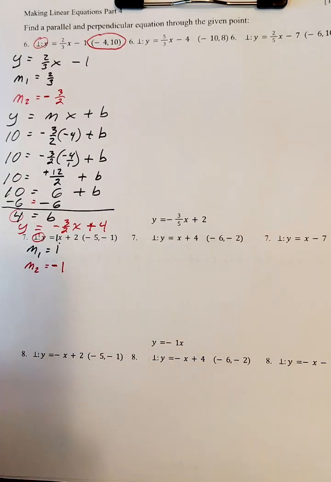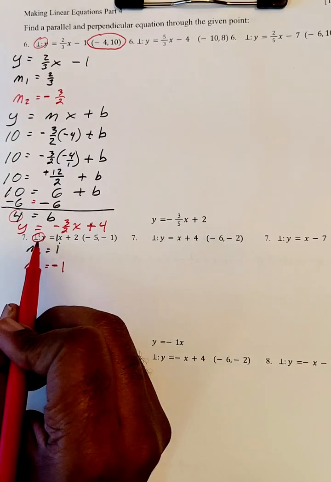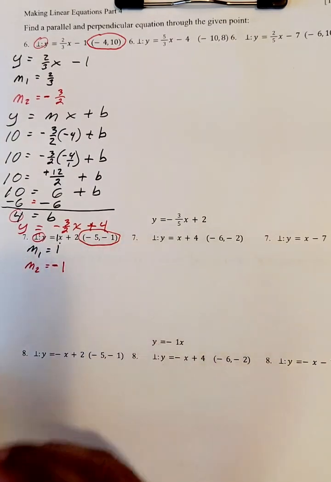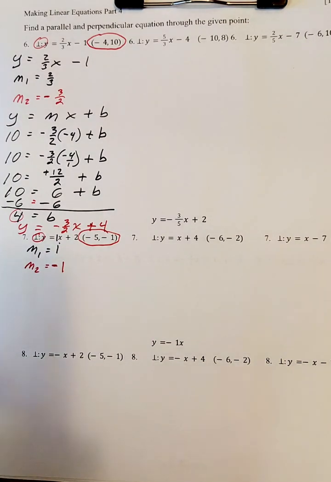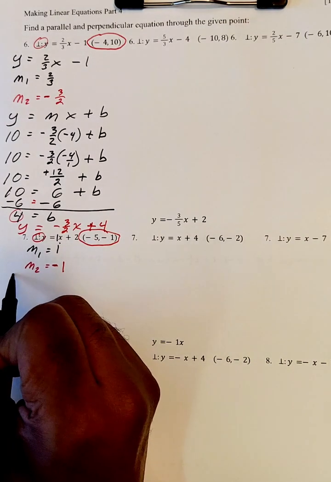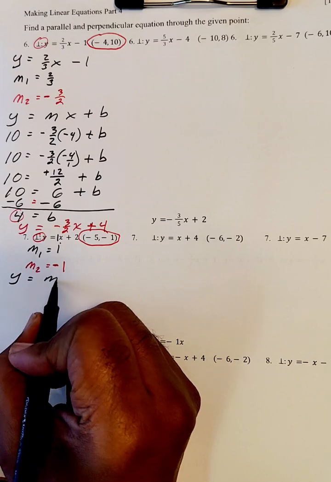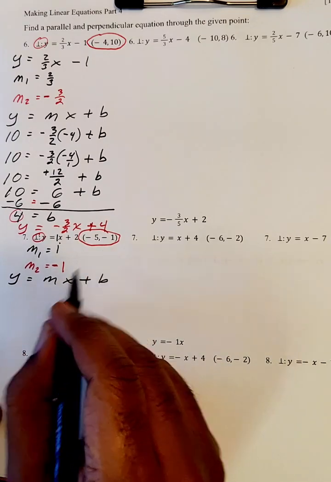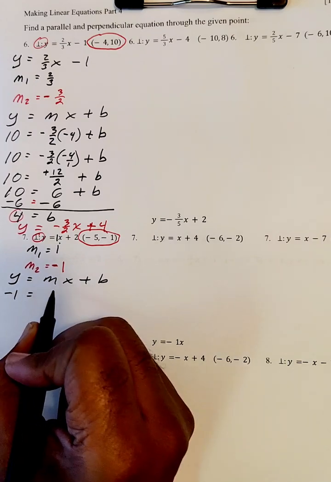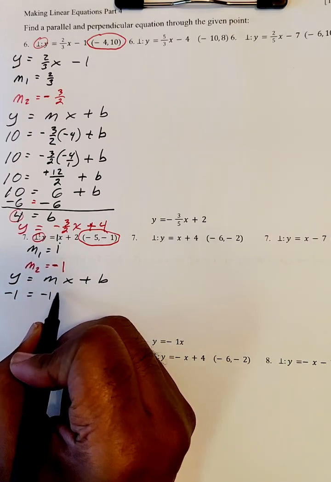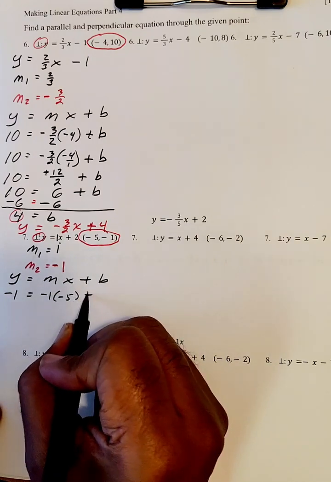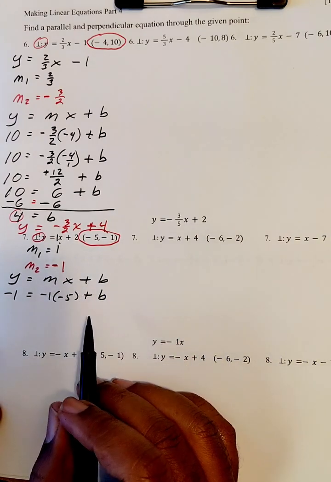So we're going to use the perpendicular slope and the point -5, -1 in our equation y equals mx plus b. So y will be -1, m will be -1, x will be -5, and then plus b.